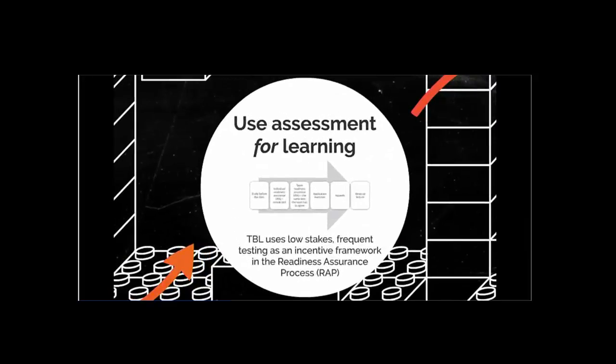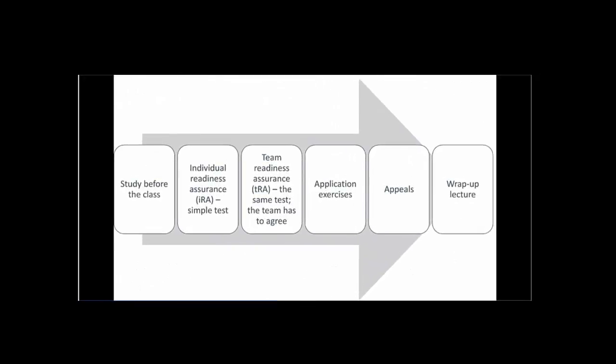Okay, then we don't have a final exam, so instead a bulk of assessment, 40%, is going to be used for learning. In particular, the whole process of study is organized like this. So first you study before the class. Then in class you have a multiple choice question test, very, very simple, just to ensure that you have actually studied.